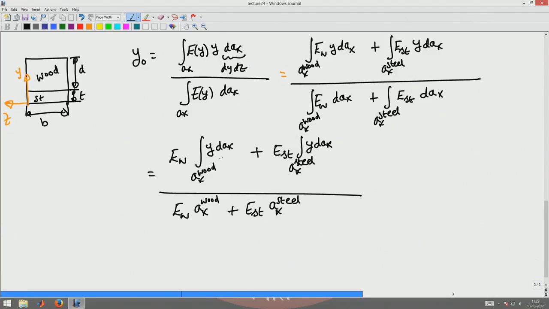Now, this y dAx integral is nothing but the center of the wood region times the area of the wood region.